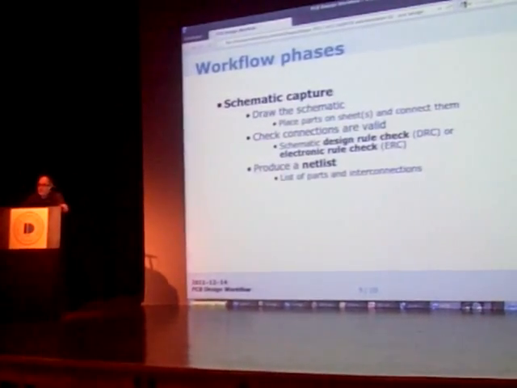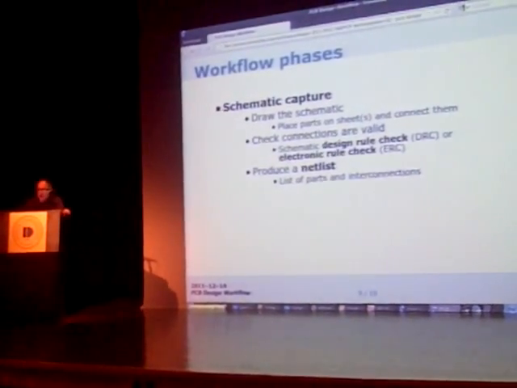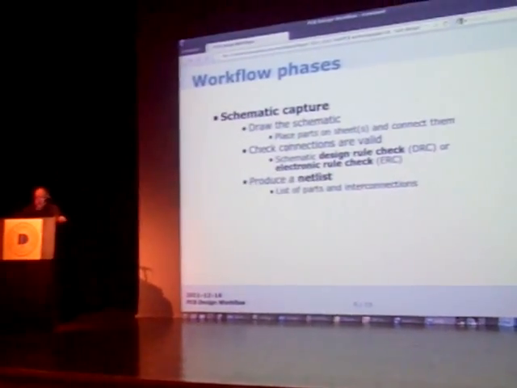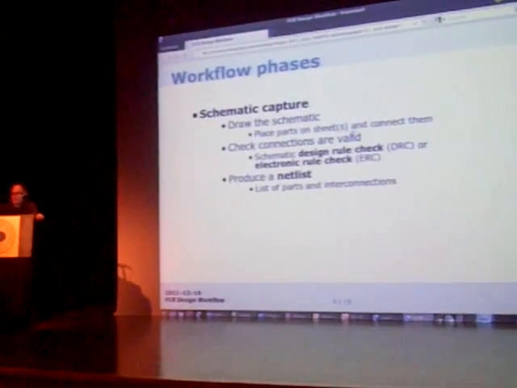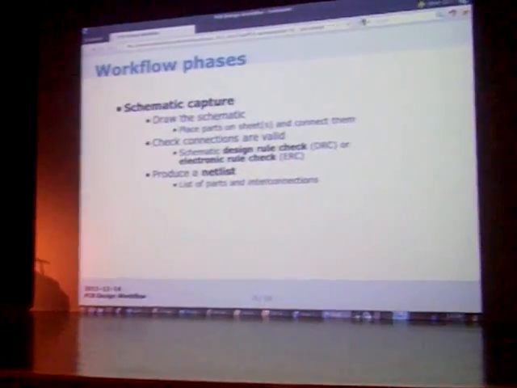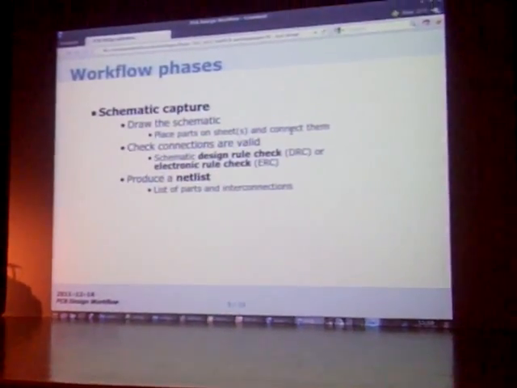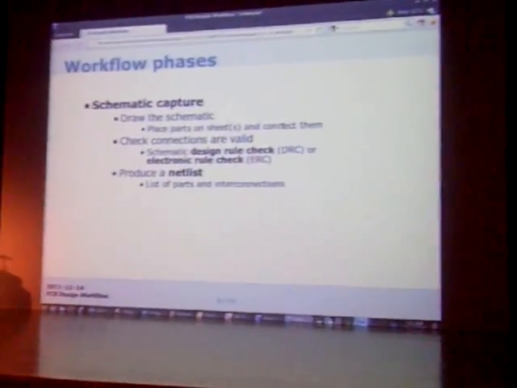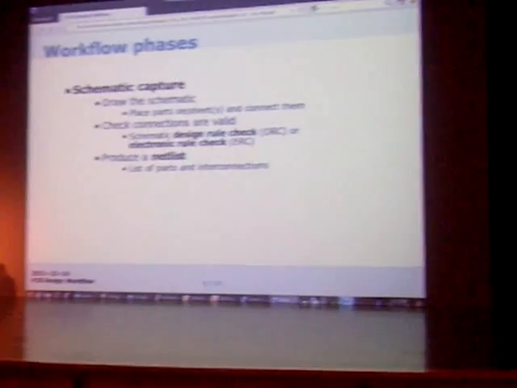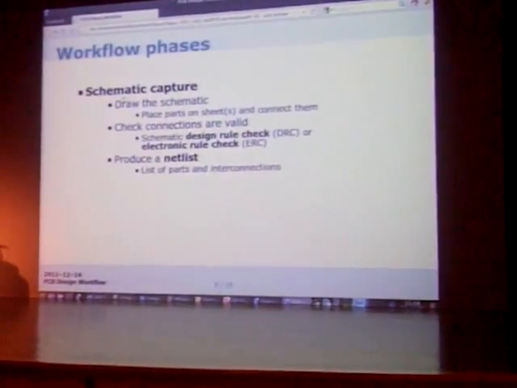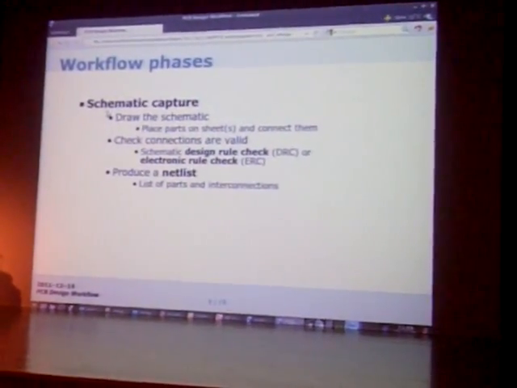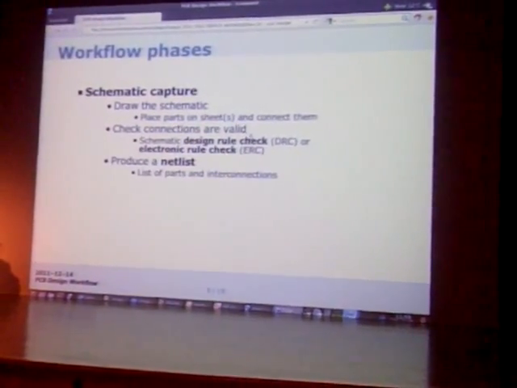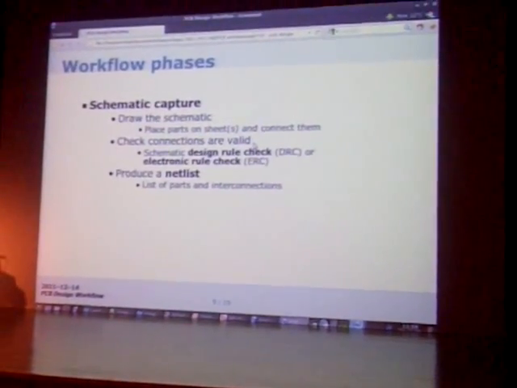Schematic capture is actually the part of the process where you draw the schematic. Basically what you're doing is placing parts on sheets and connecting them. This is more than just an exercise in putting the graphics in the computer, because good schematic capture programs will also check to make sure all your connections are valid.